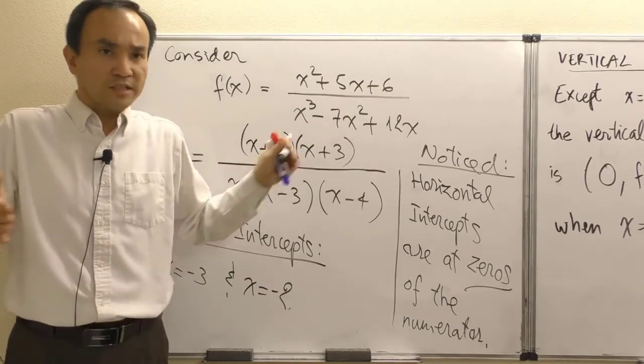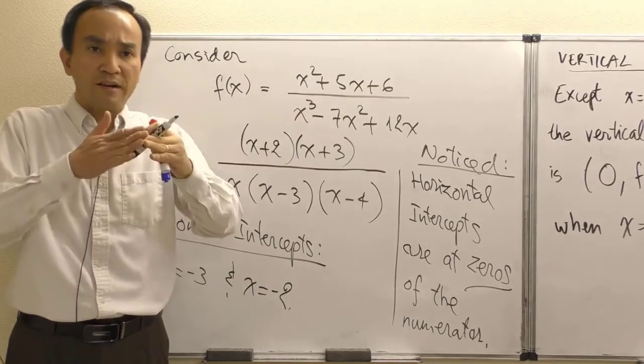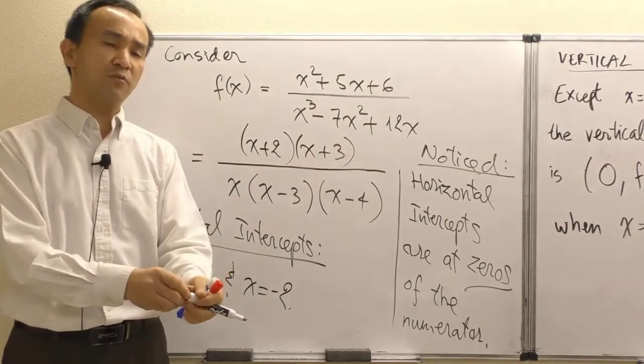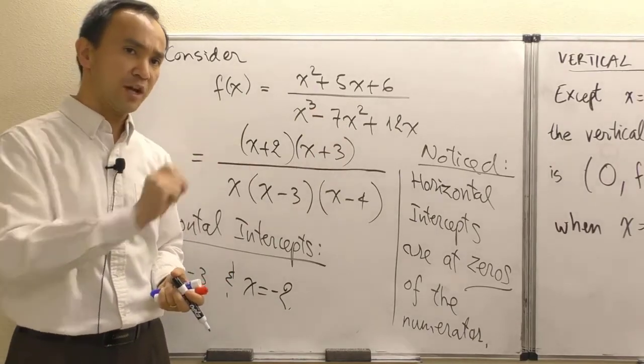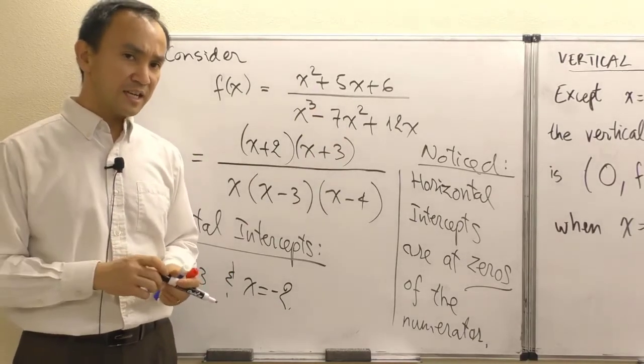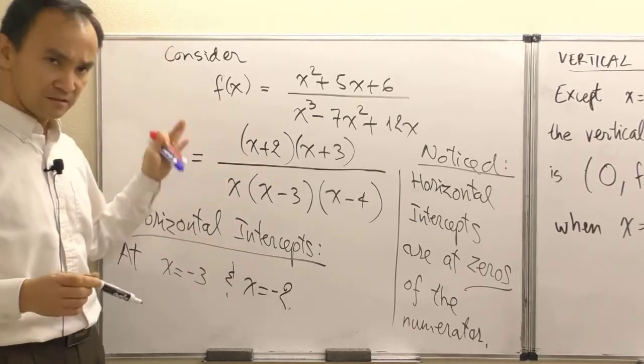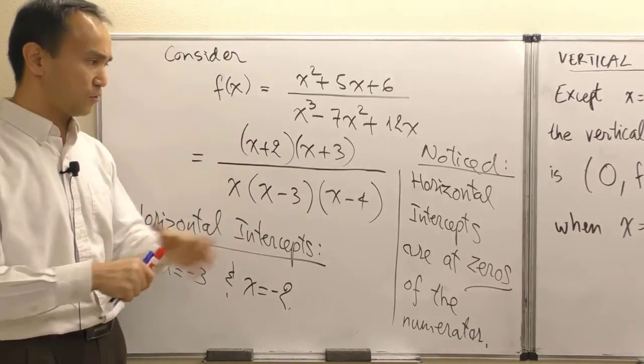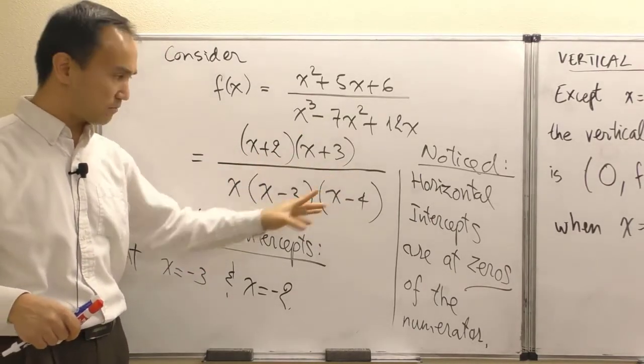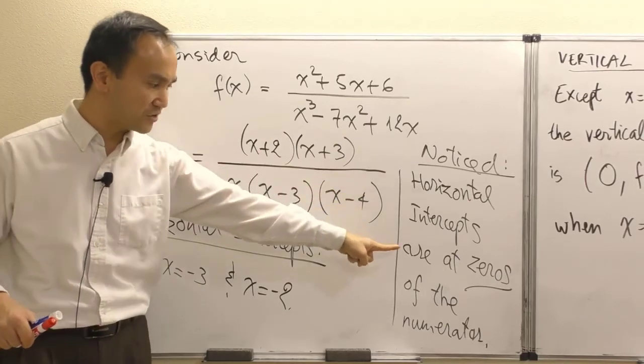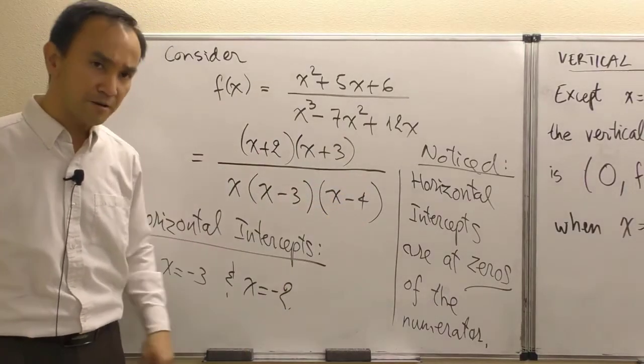But who knows? This is just the first problem throughout our entire lecture so far where we're hunting for horizontal intercepts. So let's look at another one. Let's end that here. For this problem, the horizontal intercepts seem to be right at the zeros of the numerator.